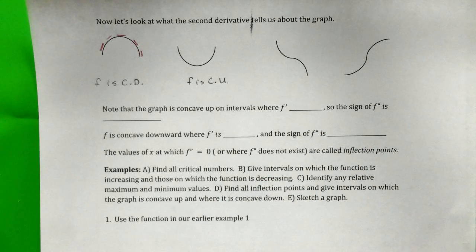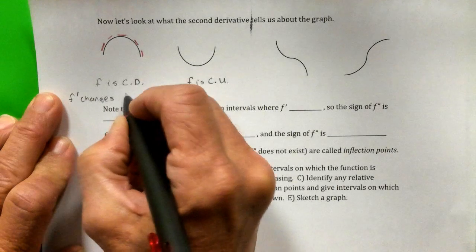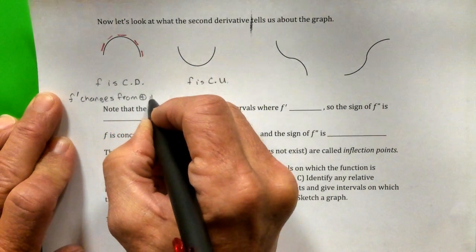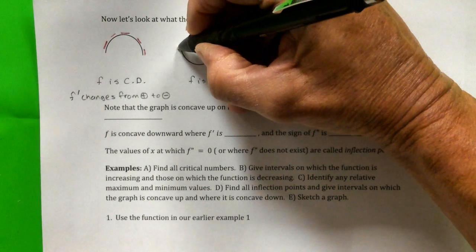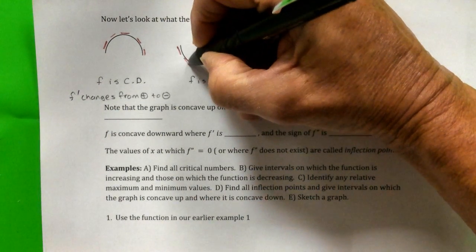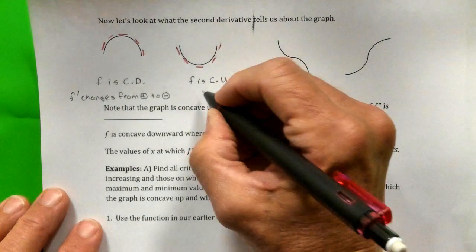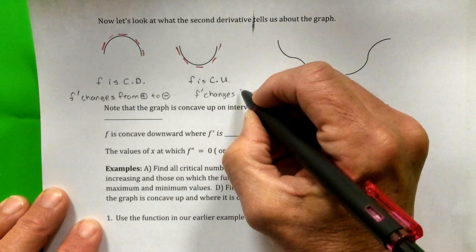So f prime changes from positive to negative on an interval in which the graph is concave down. On the graph that's concave up, the derivative is going to start out as some sort of negative number and then become positive. So where it's concave up, you'll see that f prime changes from negative to positive.